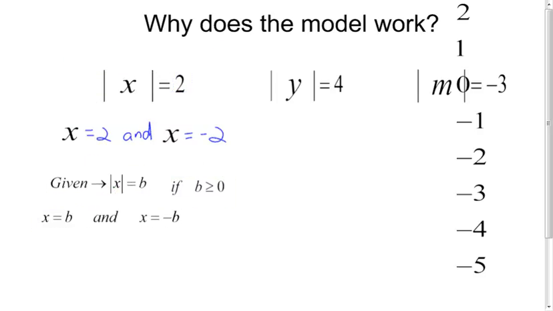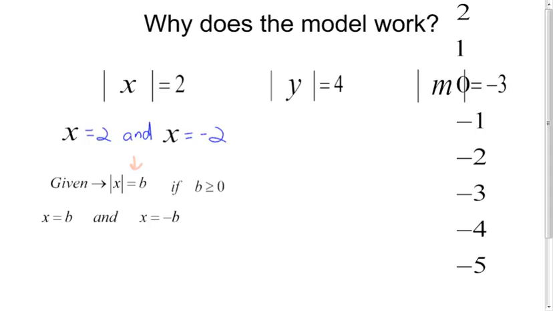Given the absolute value of x equals some number b, as long as b is greater than or equal to 0, the x value inside the absolute value bars will be that number or the opposite of that number. So it's not a shock that one answer was 2 and the other was negative 2. That logic can help me build this model.